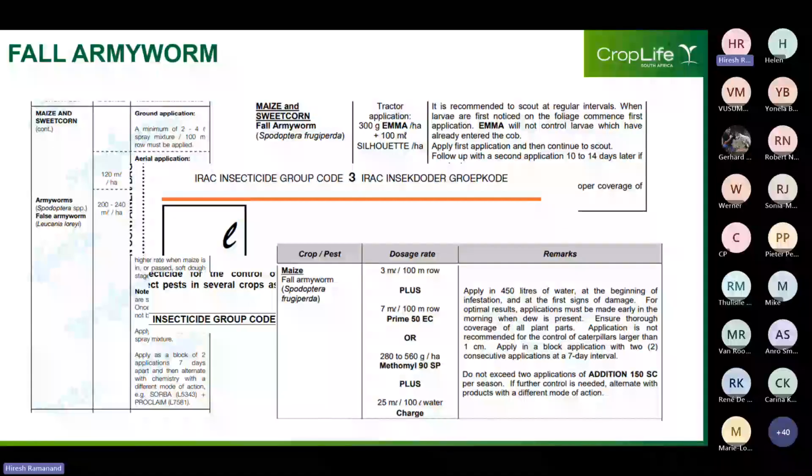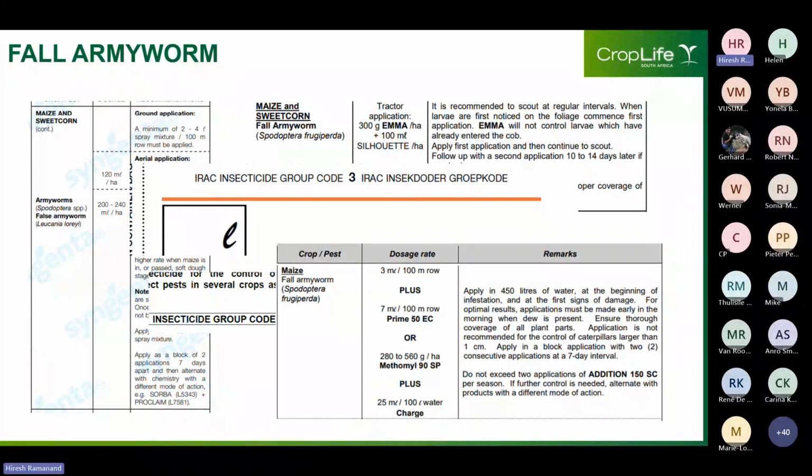Unlike the previous label example, it does not highlight any products. In this case, a farmer must refer to the front of the product label and note the IRAC insecticide group code. In this case, it's a 3.